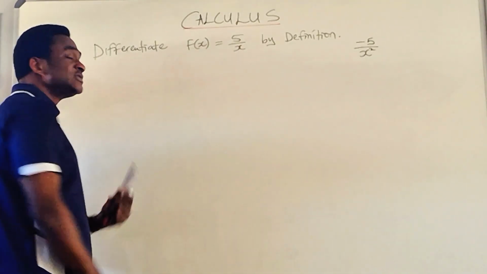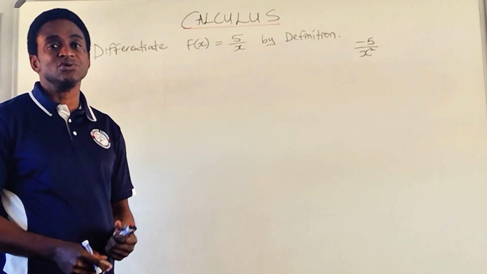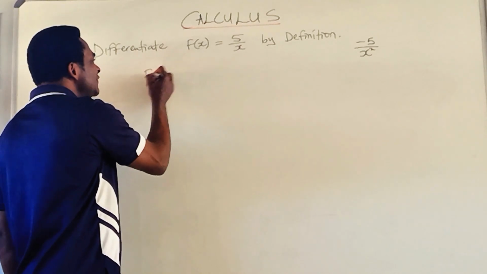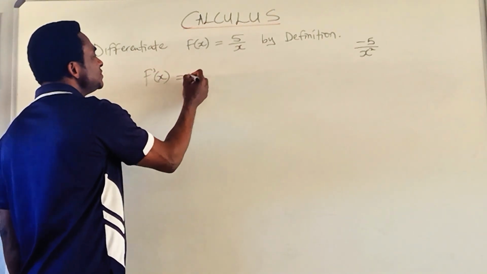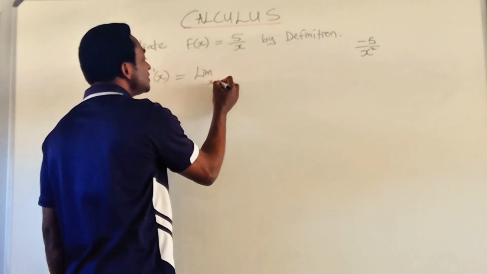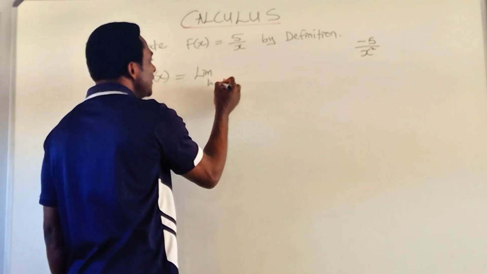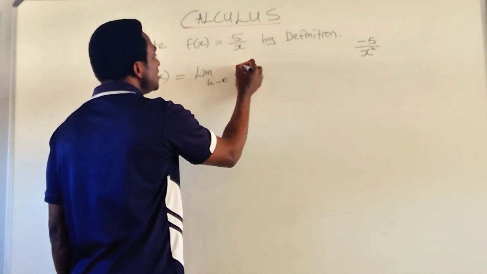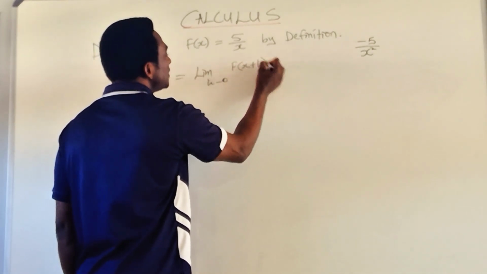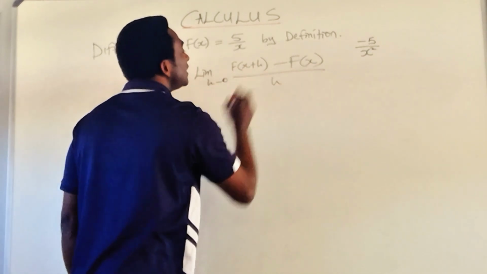Remember, if you are asked to use the first principle and you cannot use the general method, else you lose the marks. So let's go. The first derivative of this function using the first principle says that it is the limit, as h tends to 0, of f of x plus h minus f of x divided by h.